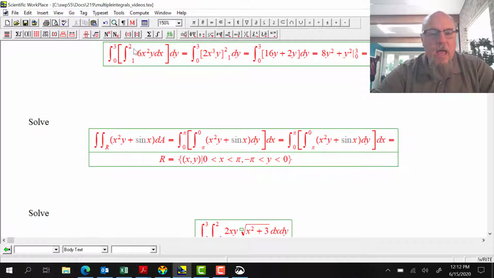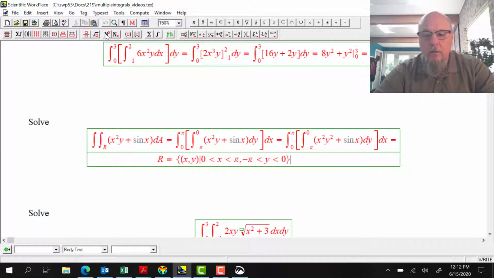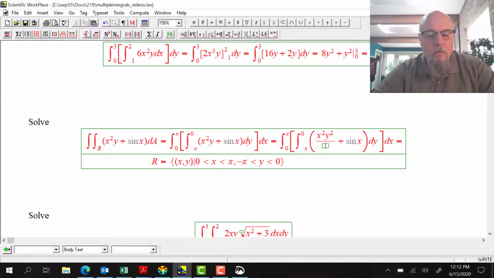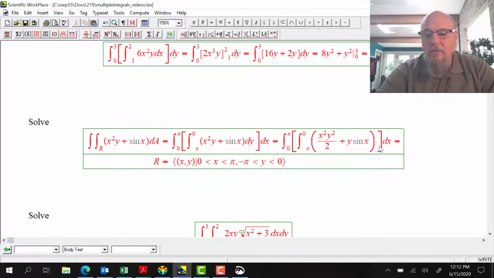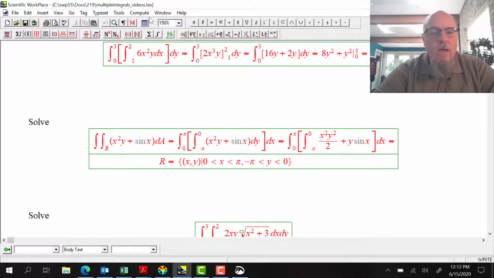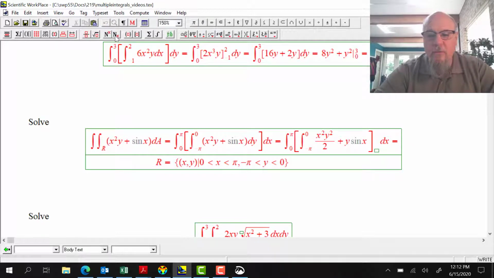So that's going to be add 1 to the exponent, divide by what's up top. The x squared is a constant. And that just becomes y times. So I integrated with respect to y, and I have to sub in the top minus sub in the bottom. I'm going from minus pi to 0.